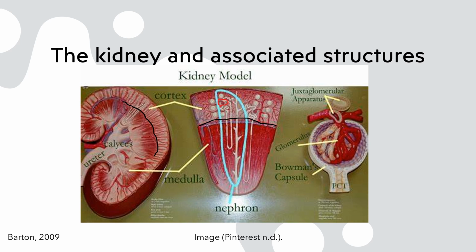The nephron is also made up of renal tubules, circled in blue. You see all these little tubes going up and down? Those are your renal tubules. They consist of a proximal convoluted tubule, the ascending and descending limbs of the loop of Henle, and the distal convoluted tubule. That's what they look like.